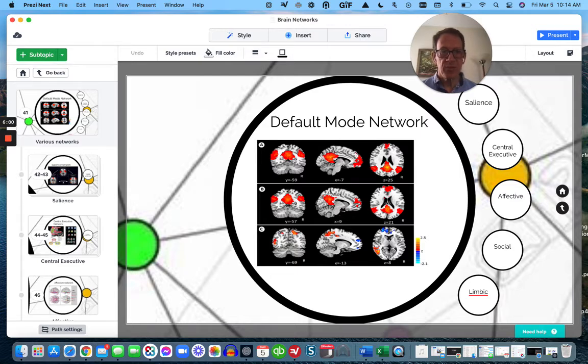It is considered important for attention in a resting state, important for being able to be calm and relaxed, so it doesn't work very well in anxiety states. And it's also considered important in attention and memory functions as well.